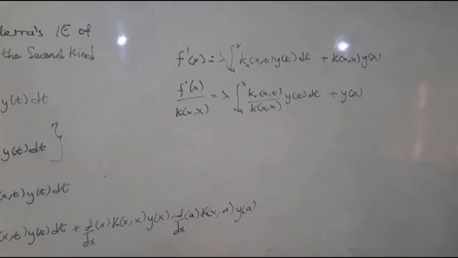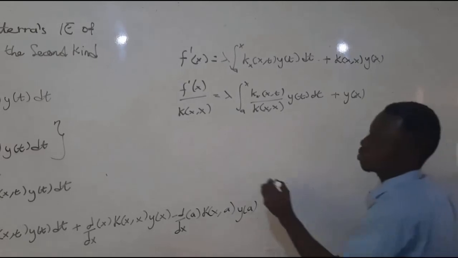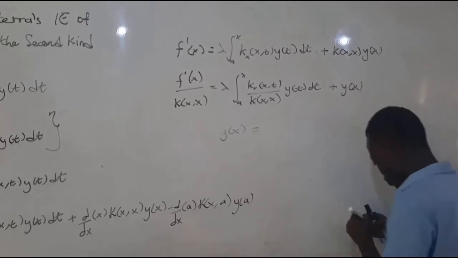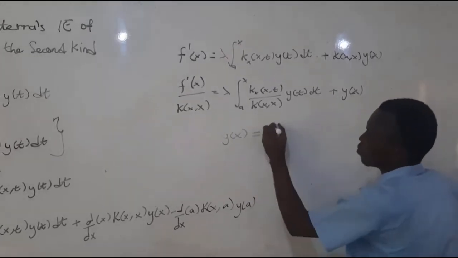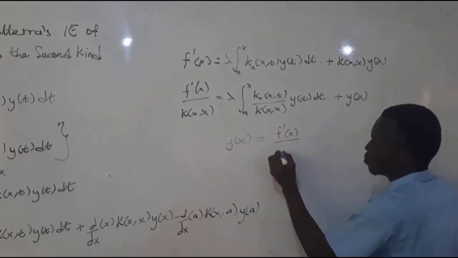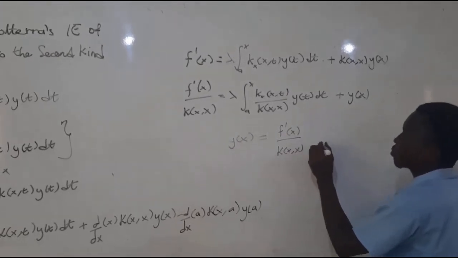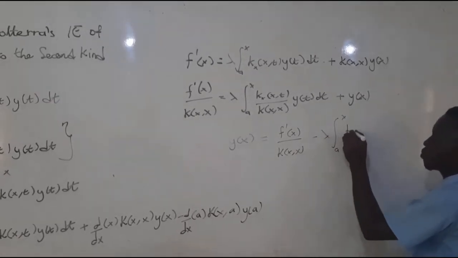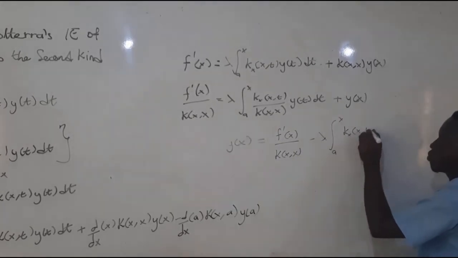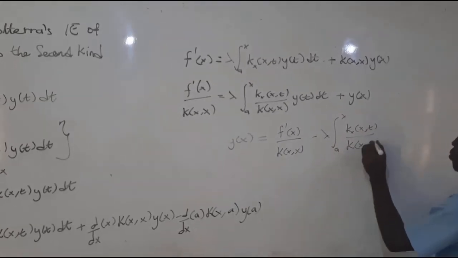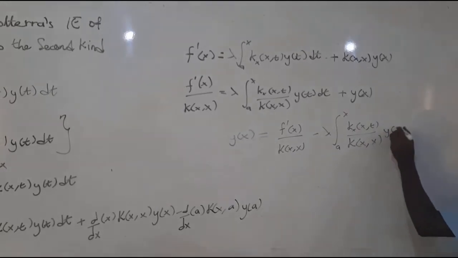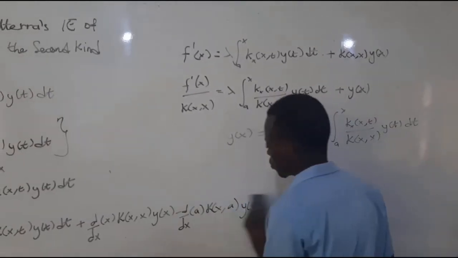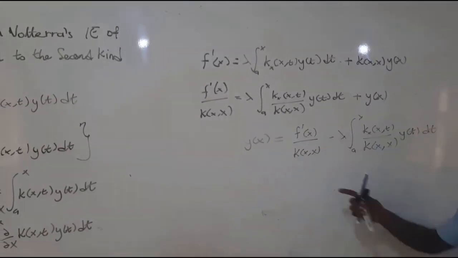Now let's make this our subject of the equation. It becomes y of s by moving this one to the other side of the equation. So this is what you are getting.